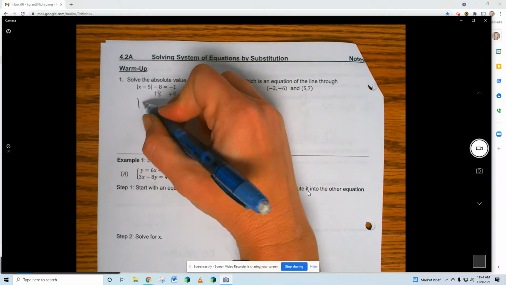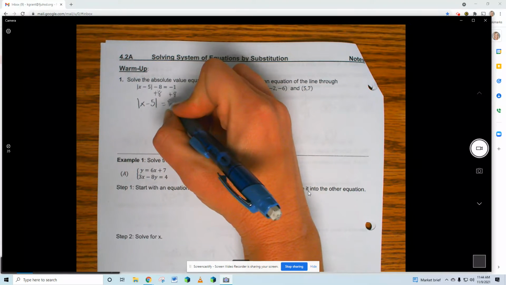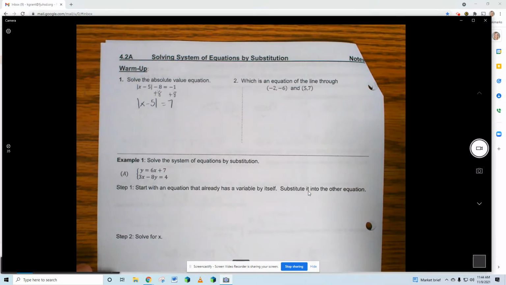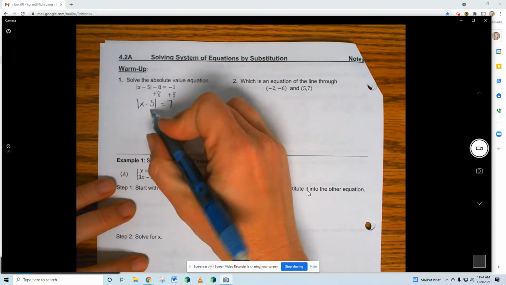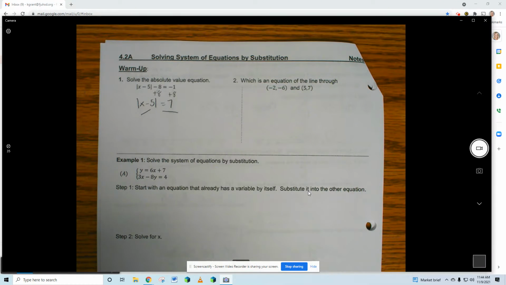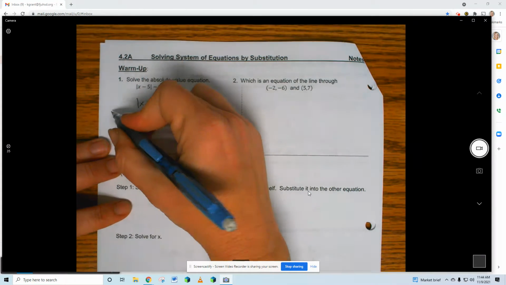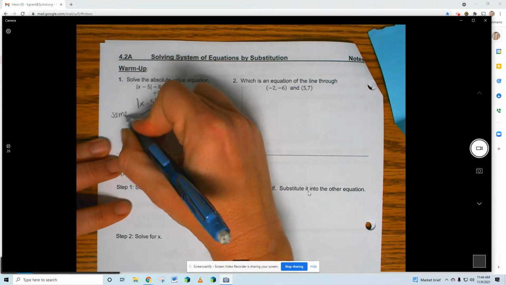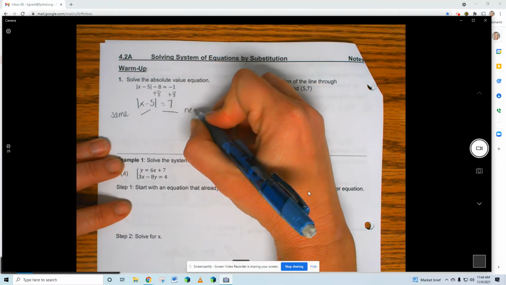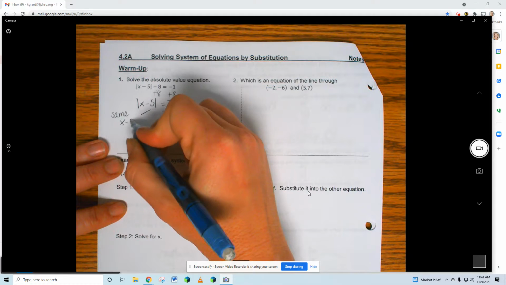So I have the absolute value of x minus 5 equals 7. Now I make 2. But what do they say? What do these two things say? What's one side say? What's the other? So I'm going to have the same on the left, and I'm going to have the negative on the right. The same is going to be x minus 5 equals 7.